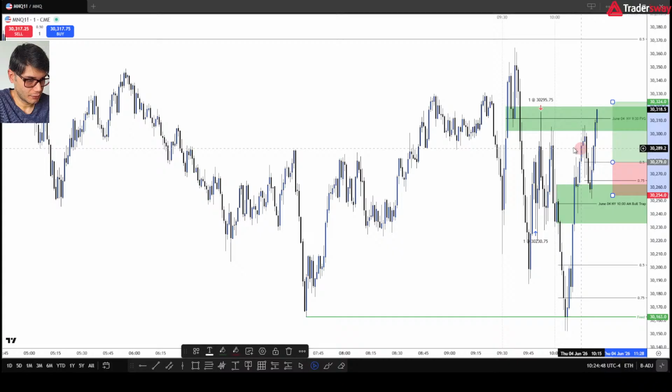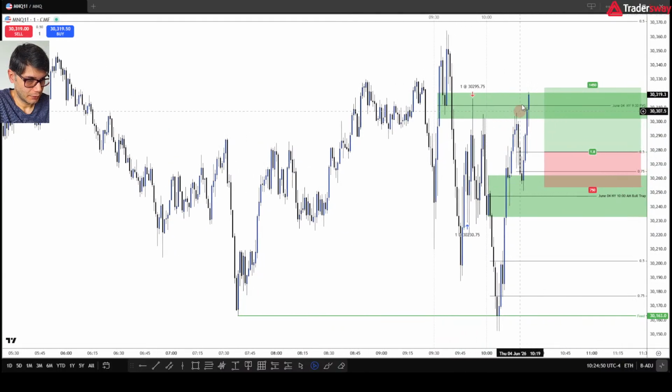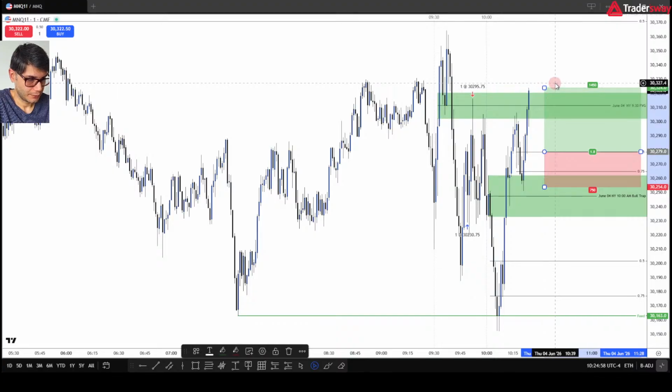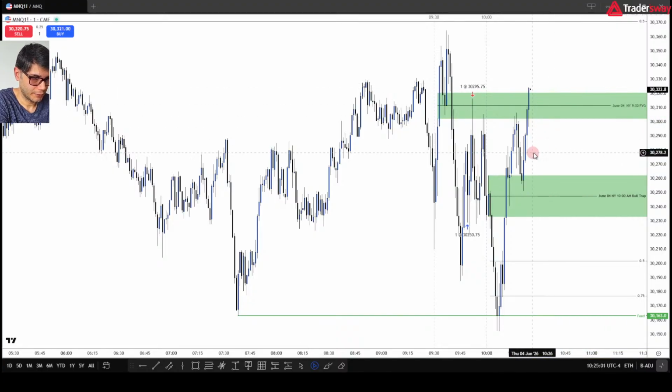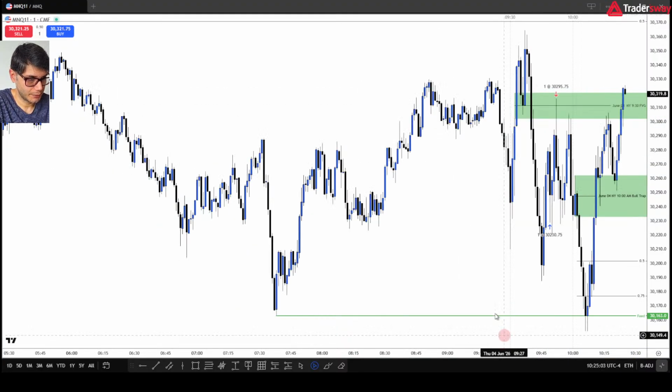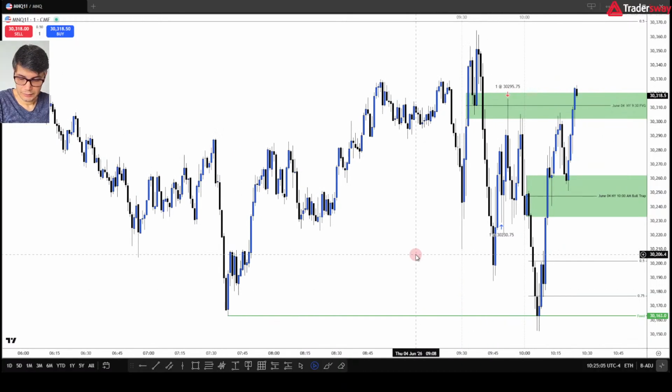How much would that stop be? Okay, already took that high, so I cannot use this setup anymore. All right, no, it closed. It's bullish. It closed above it.